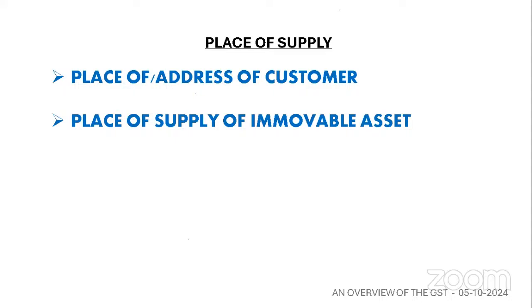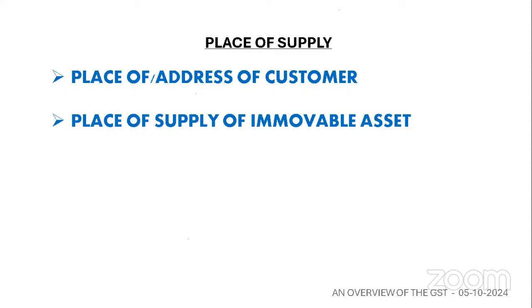In Chennai itself, the place where the property is situated, that place itself is deemed to be the place of the supplier, and the place of supply is also that immovable property. Therefore, it becomes an intrastate supply, even though the renting of that choultry is given by me to a customer in Rajasthan.